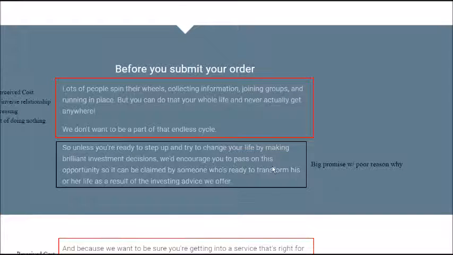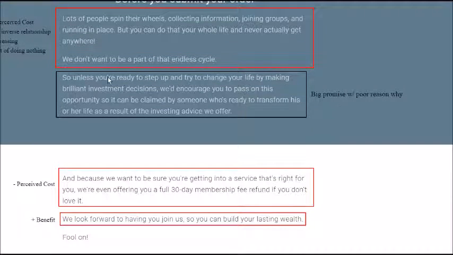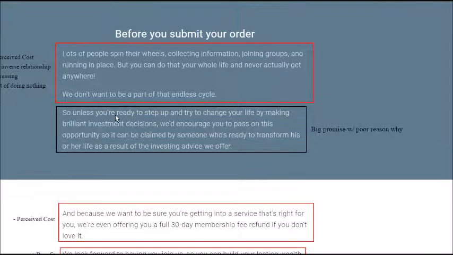On to this one. Big promise, poor reason why. This is the one that disappointed me, to be honest. It started off good by saying lots of people spin their wheels, collecting information, joining groups, and running in place. But you can do that your whole life and never actually get anywhere. We don't want to be part of that endless cycle.